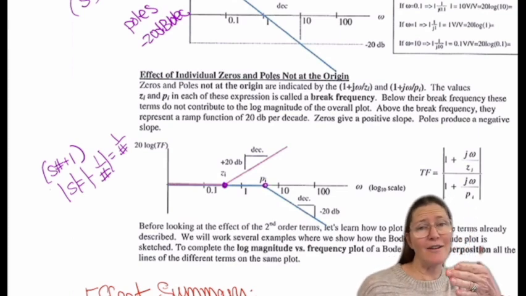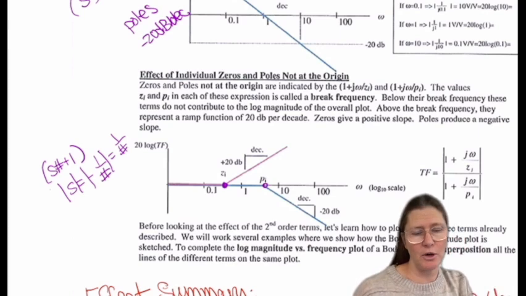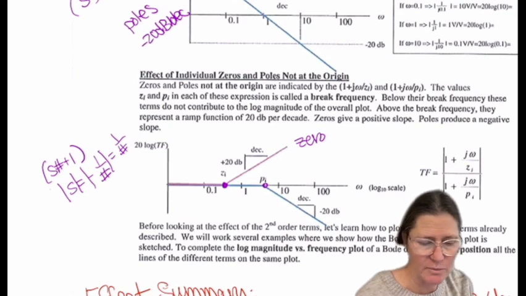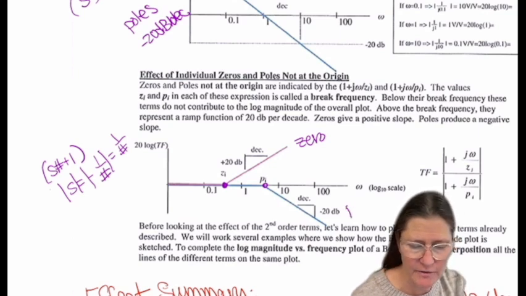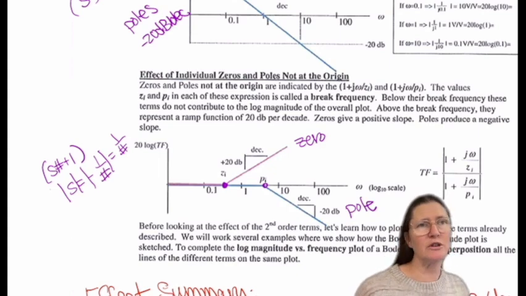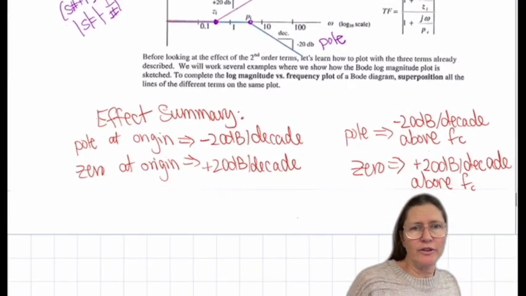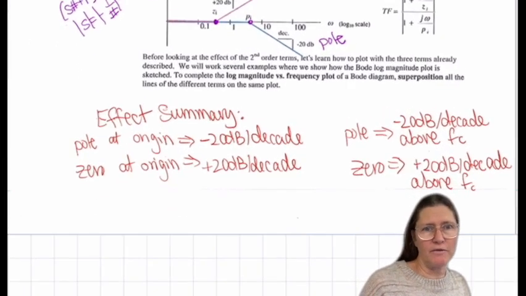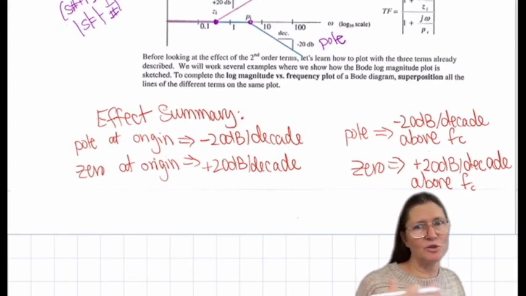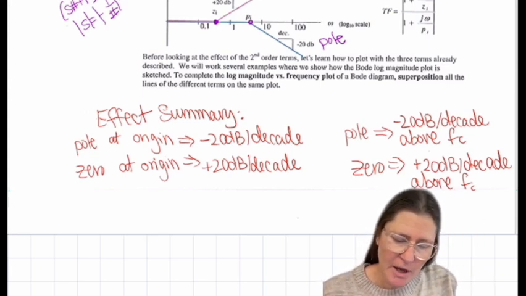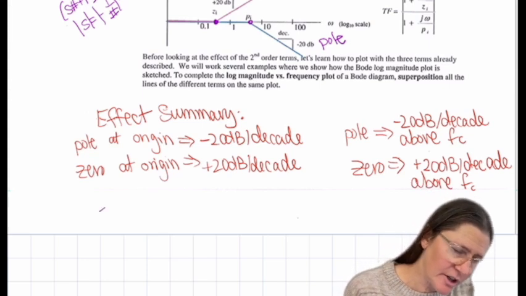It's not going to have any effect until after that number. If it's a zero, again, it's going to change by 20 dB per decade, and if it's a pole, it will decrease by 20 dB per decade. So this is the summary of increasing or decreasing: zeros are always plus, poles are always negative. FC denotes critical frequency.